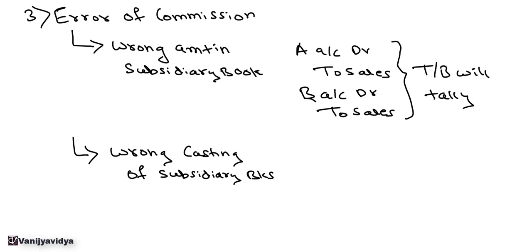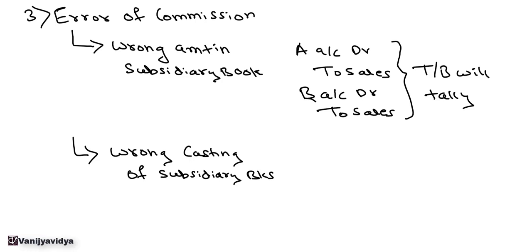So now what has happened is, instead of 1 lakh, 90,000 is recorded in the sales, but in the debtors, 1 lakh amount is recorded. Okay, so in your sub ledgers, that is A's account, B's account, in your debtors account the proper amount is recorded, but in case of your sales, there is a totaling error. So in sales account, only 90,000 is recorded instead of 1 lakh.